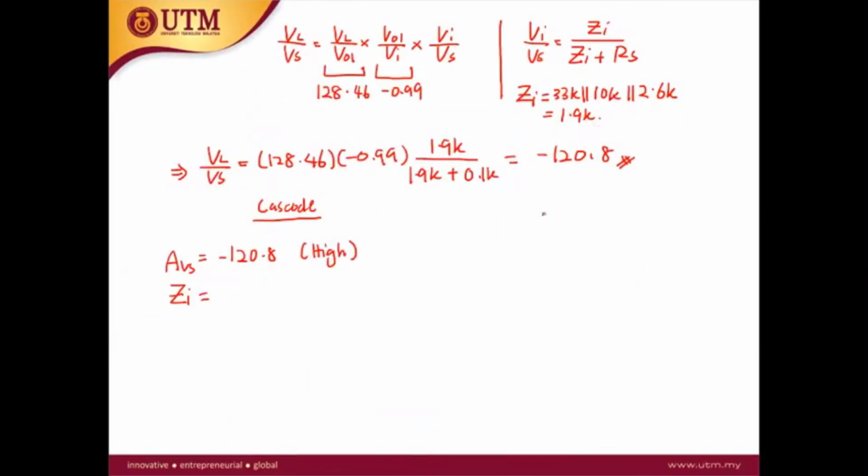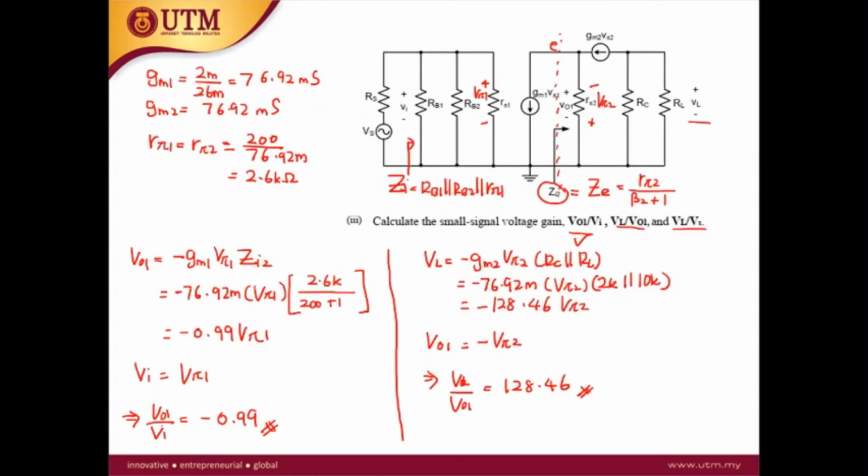So this is 2K. This is not a very high input impedance, but if you compare with the input impedance of the second stage, it is much lower. ZI2 is 2.6K over 201. So it's less, it is 12.9 ohm.